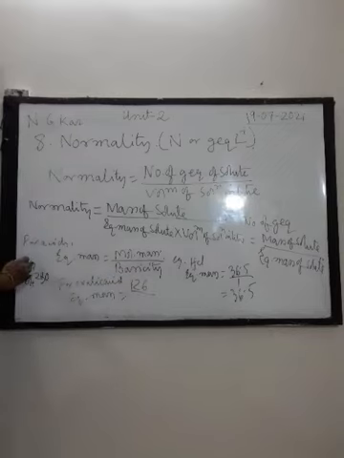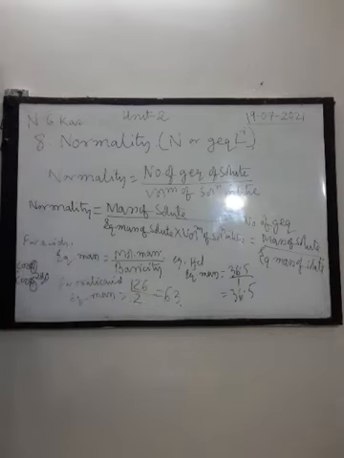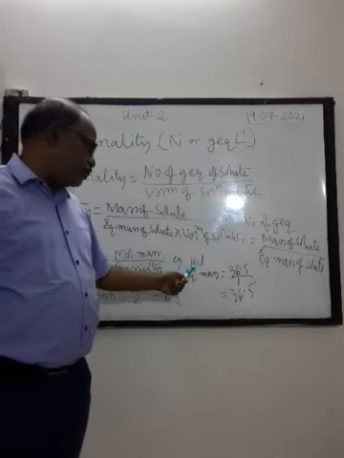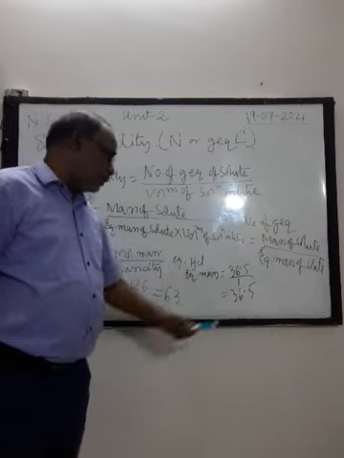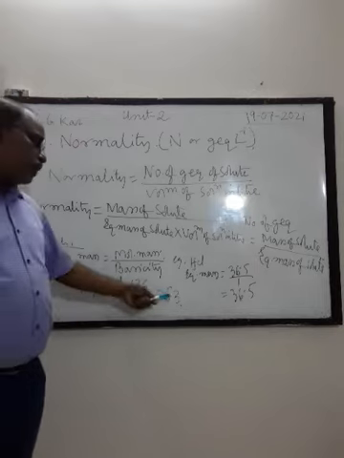And basicity means replaceable hydrogen is 2. So equivalent mass is 63. So for acids, equivalent mass equals molar mass divided by basicity. Basicity means number of replaceable hydrogen. So here oxalic acid, molar mass 126, replaceable hydrogen 2, that is basicity. So equivalent mass is 63.